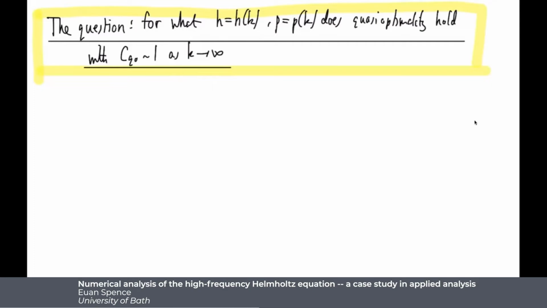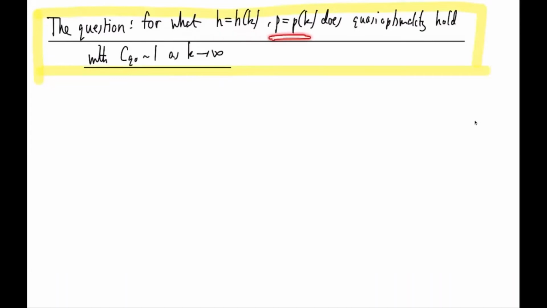The question is, how should I decrease H as a function of k and/or increase p as a function of k so that I have quasi-optimality with this quasi-optimality constant independent of k as k tends to infinity? I want to solve this sequence of Helmholtz problems with uniform accuracy in this high frequency limit, but what do I need to impose on this mesh width h and this polynomial degree p as k tends to infinity to attain that uniform accuracy?